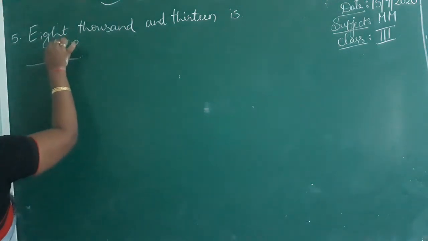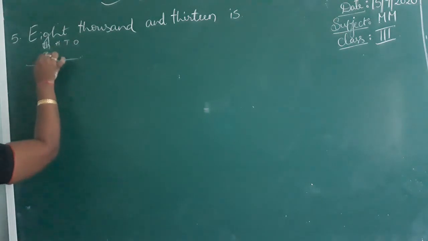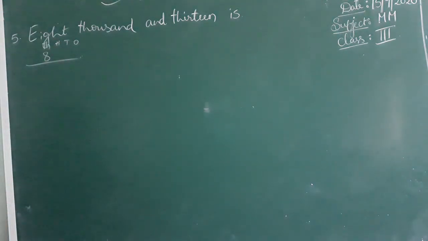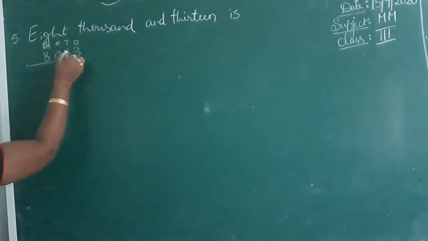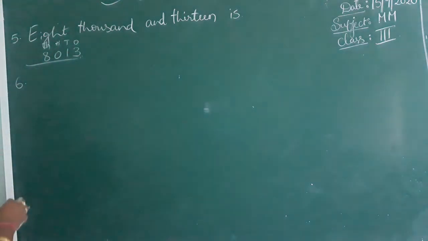Ones, tens, hundreds, thousands. 8,000 and 30. Not given at the hundreds place, children, put 0. 30 means 13. See the sixth one.